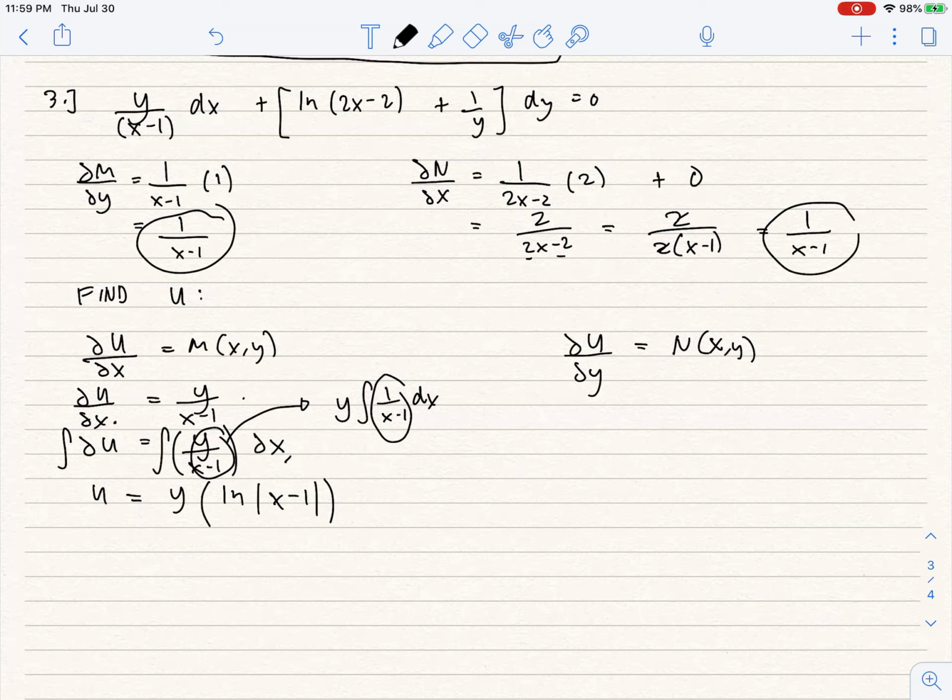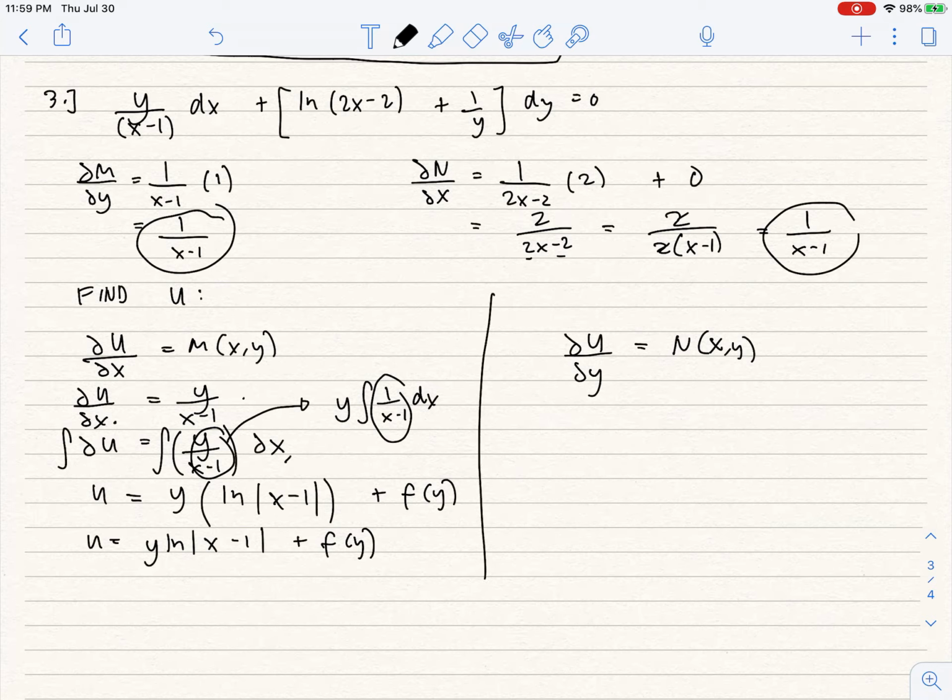We can use let u, then we get the answer. Then of course, plus f of y. Simplify. This is just y multiplied by ln of x minus 1 plus f of y. So we are done with the first value of u.